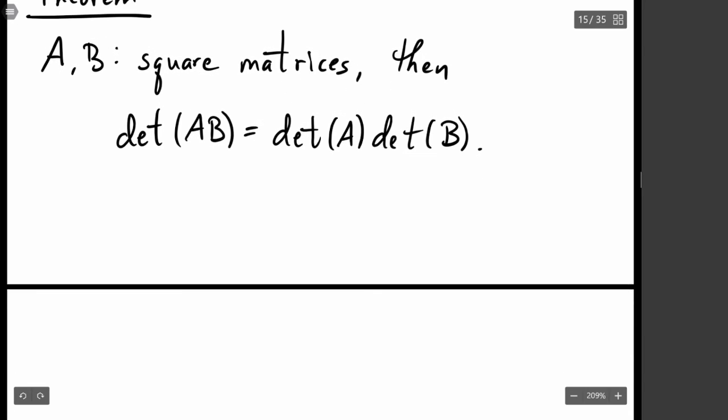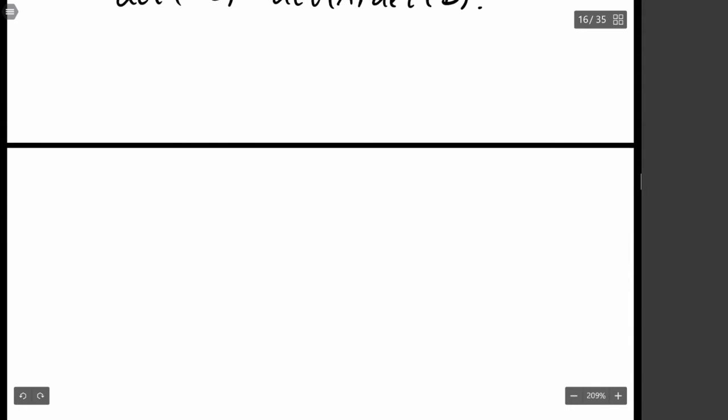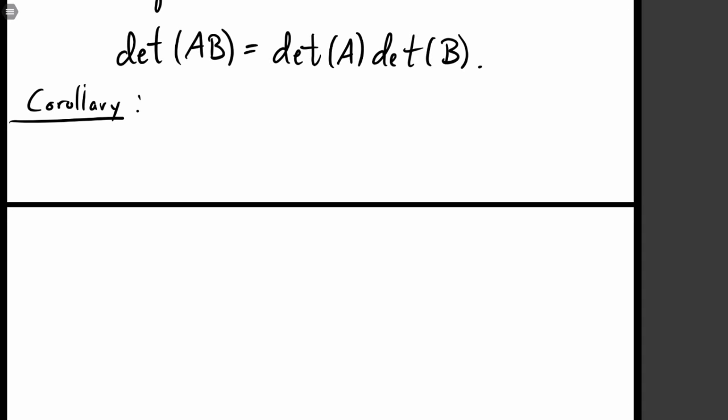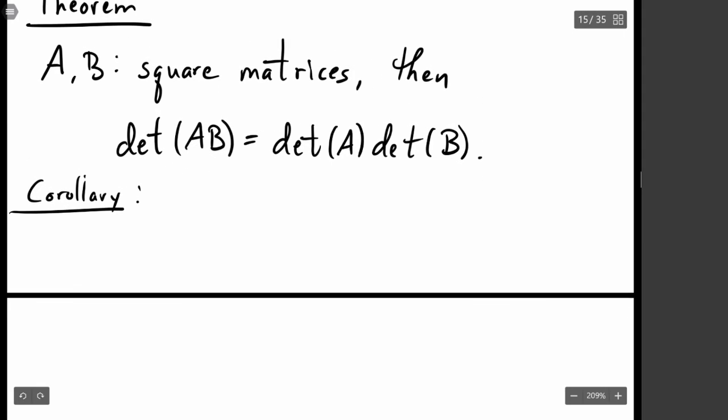Well, something we might call a corollary. A corollary in math, or really in anything, is a fact that follows immediately. So from this fact, we get another fact for free, basically.